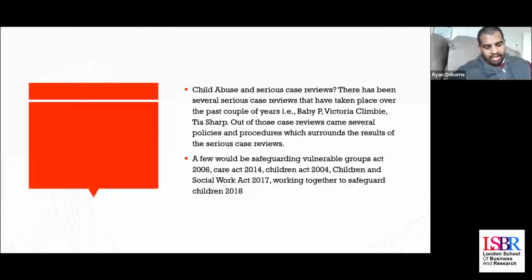And he said a whole lot of things as well. And we also have the Children and Young Persons Act 2008 as well. That's not listed there, but that's another one that came out of the Children Act 2004. Basically, that is around safeguarding and intervention as well.